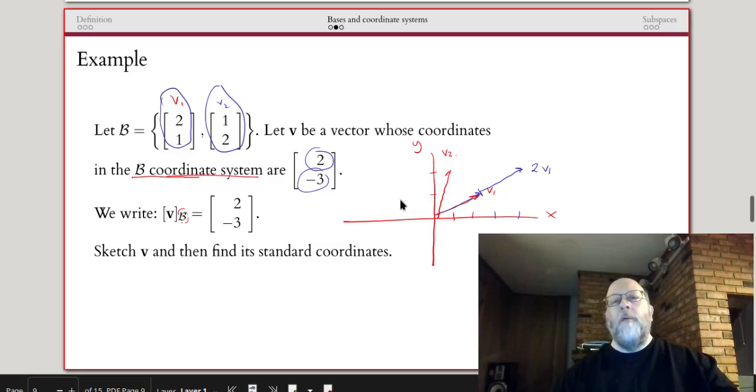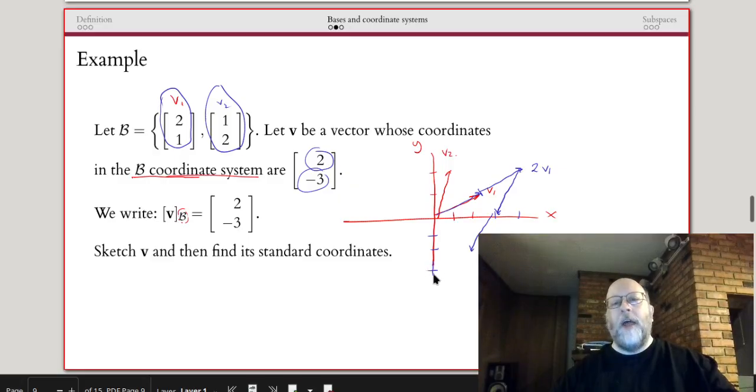So v2 points up. It's 1 to the right and 1 down. But I'm sorry, 1 to the right and 2 up. -3 of these, we're going to go back to the left and 2 down. So that's got to be 1 of them. Then back to the left again and 2 down again.